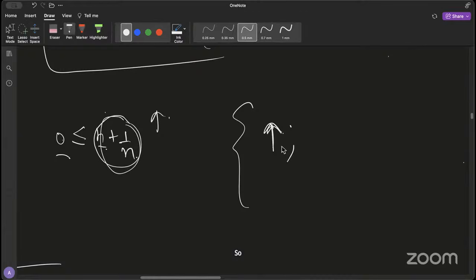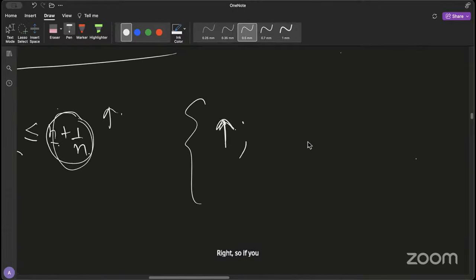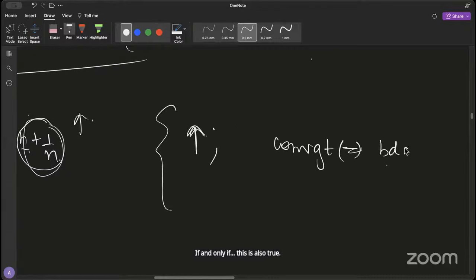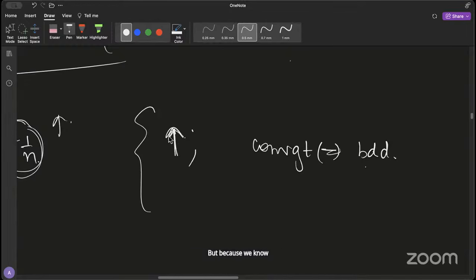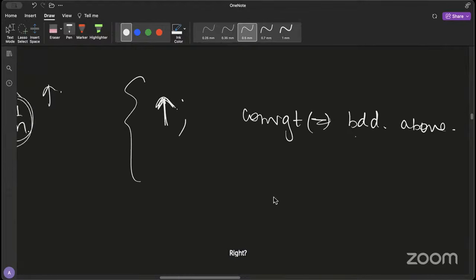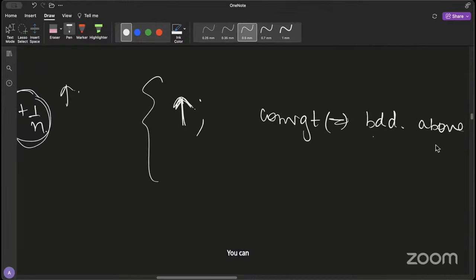So you are only left to check whether it's bounded above or not, right? So if you have an increasing sequence, then convergent if and only if bounded is also true. But because we know that increasing sequences are always bounded below, I can simply say convergent if and only if bounded above, right? You can just check this thing and it will be fine.